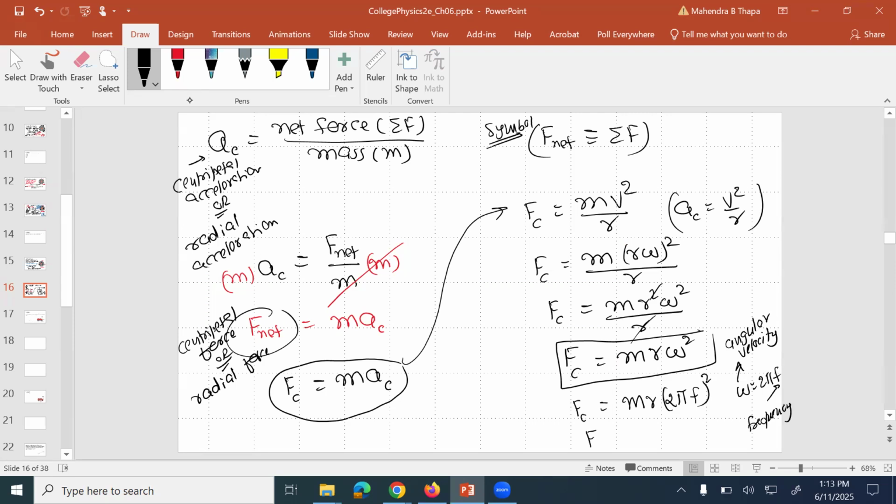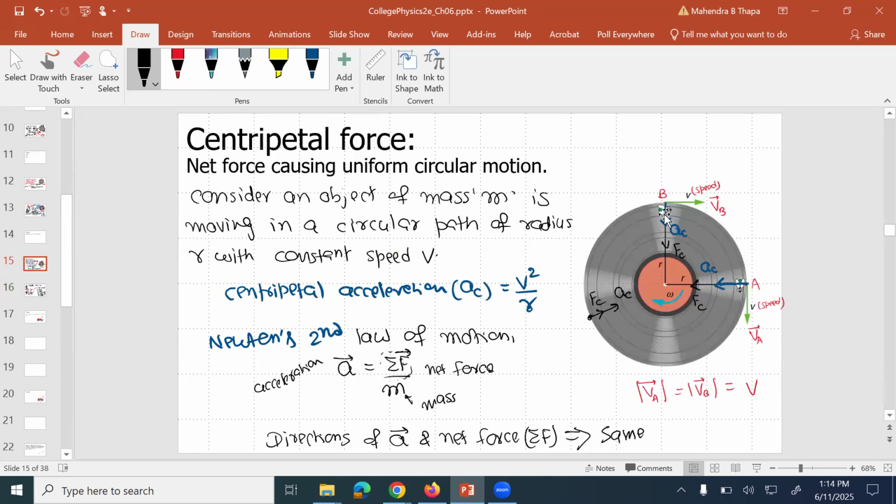So I can write like this, Fc equals 4 pi squared m r frequency squared. So these are the various ways to write the equation for centripetal force. Again, reminding that centripetal force is always toward the center at every time. This is not a new force. This is the total force.